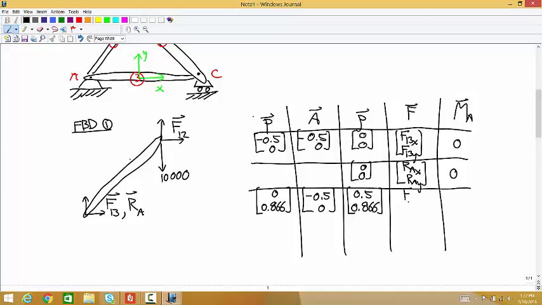First I'll do the force F12x, F12y. And the cross product is 0.5 F12y minus 0.866 F12x.